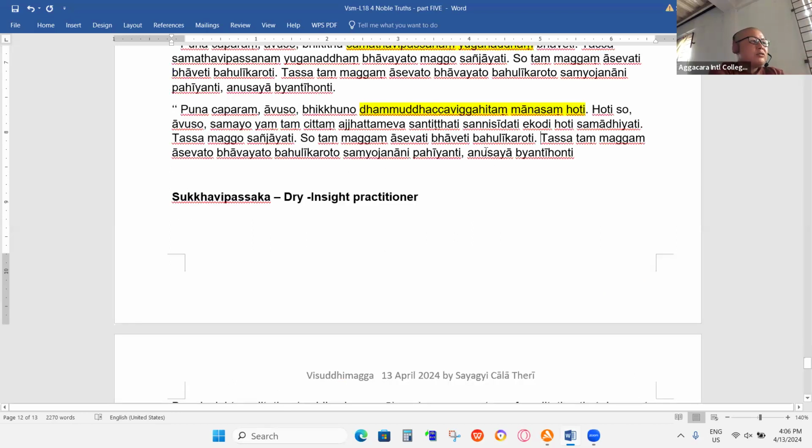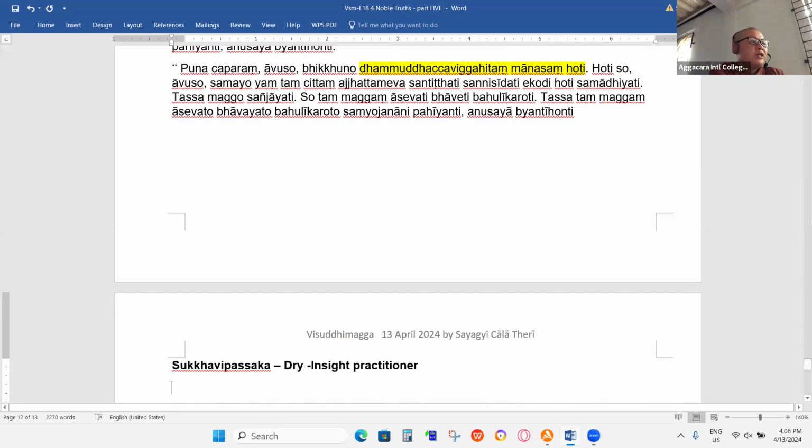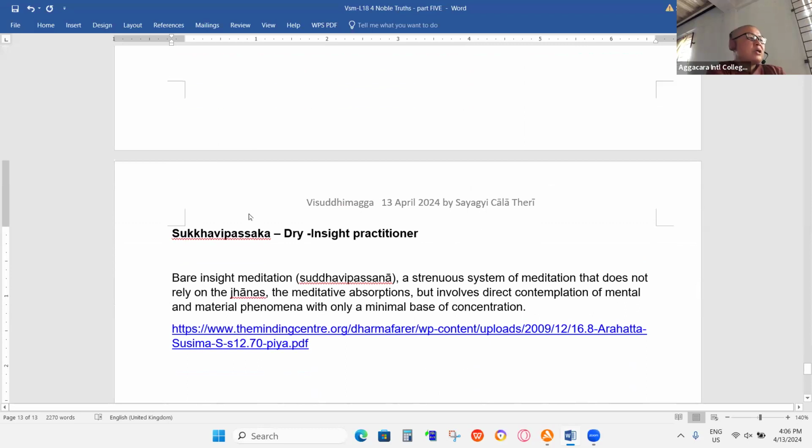So there's also another term, I think you have heard from those who are from Mahasi Center, where you say the mind practicing sukha vipassaka, bare insight meditation. It means now you just contemplate on all the nama rupa arising and passing away. You don't need to purposely rely on jhana, but involve direct contemplation of nama rupa, mental and material phenomena, with a minimal base of concentration.